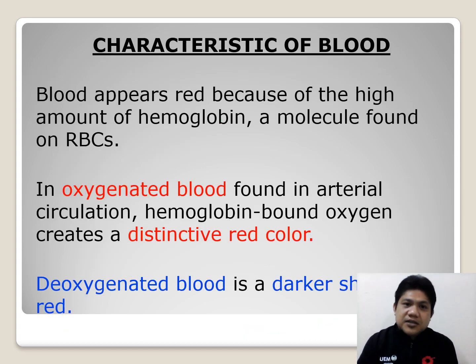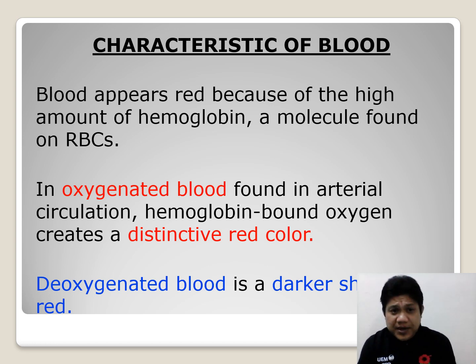I want to discuss the characteristics of blood. Blood appears red because of the high amount of hemoglobin, a molecule found on red blood cells. So RBC represents red blood cells. In oxygenated blood found in arterial circulation, hemoglobin bound to oxygen creates a distinctive red color.